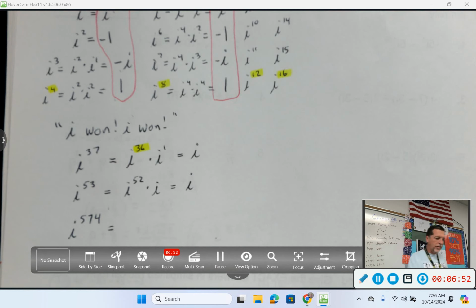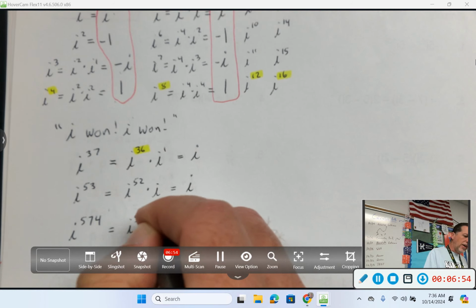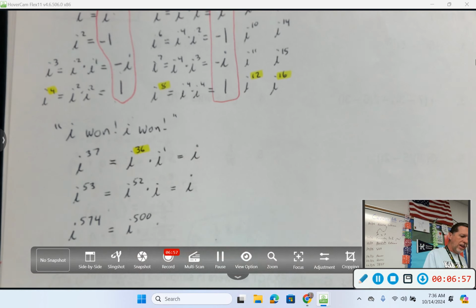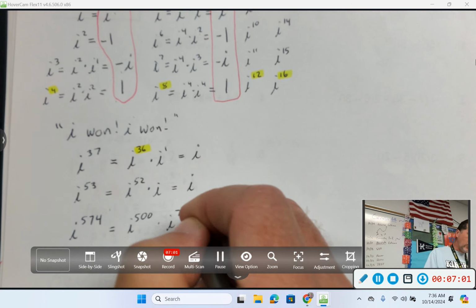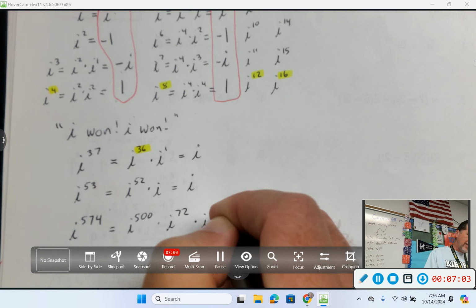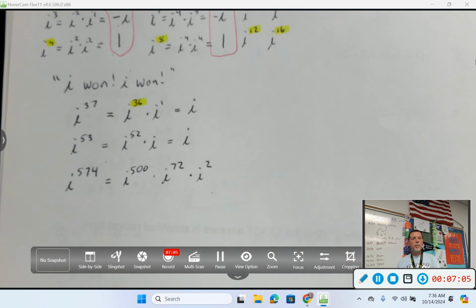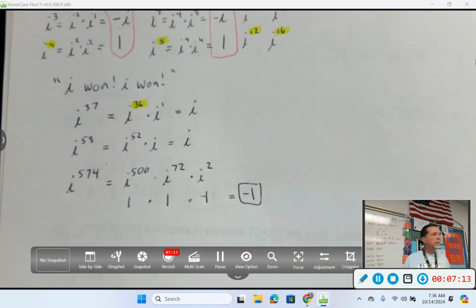In fact, you could even do i to the 500, that's 1. And then, 72 is a multiple of 4, and that leaves 2 left over. So I've got 1 times 1 times negative 1. My answer would be negative 1.